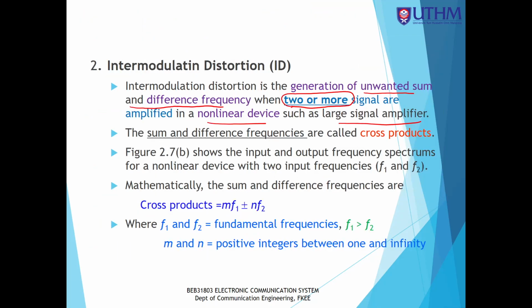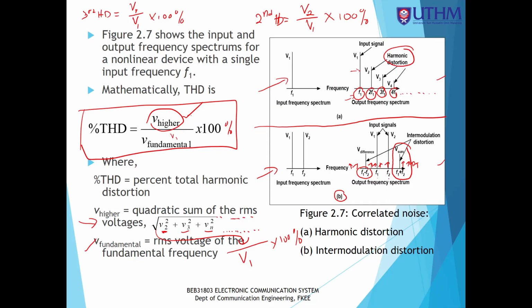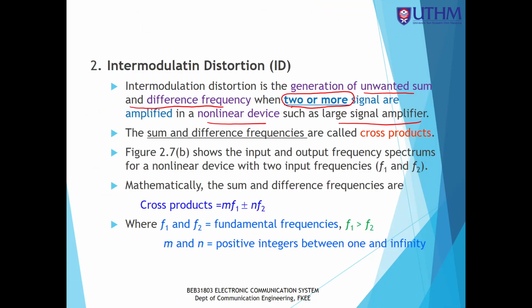As I mentioned previously, both of these, V sum and V difference, are called the cross product. So what is the cross product? Here the sum and difference frequencies are called the cross product.